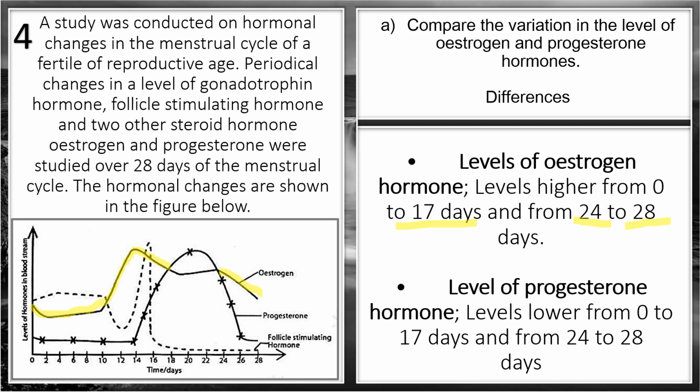Whereas the level of progestogen is lower from 0 to 17. Its concentration is low. And then also from the 24th up to the 28th day, its level is below that of estrogen.